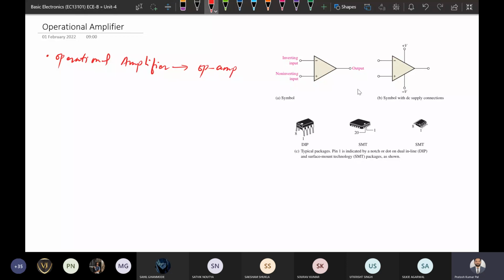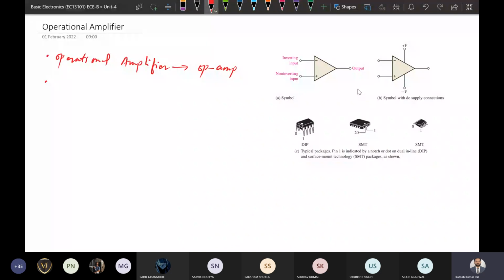As its name suggests, it is an amplifier. Operational amplifiers are amplifiers that take an input and amplify it, and after amplifying it they provide you the output. That output will be an amplified output.